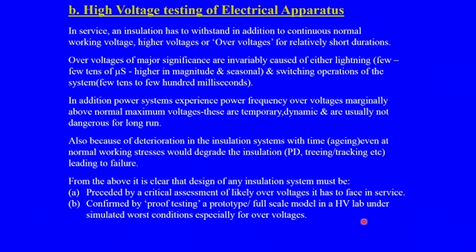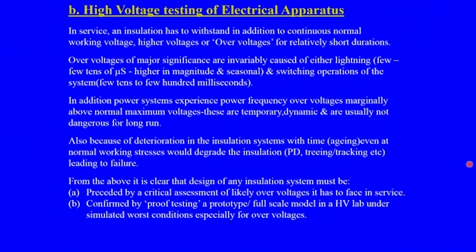So, over voltages of major significance are invariably caused either due to lightning, which could exist for a period of a few tens of microseconds, higher in magnitude, and it could be seasonal, only monsoon season, and so on.